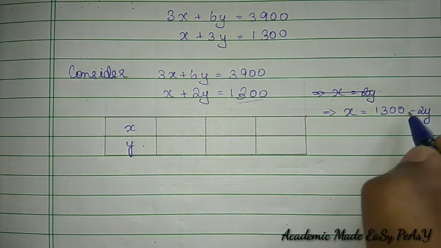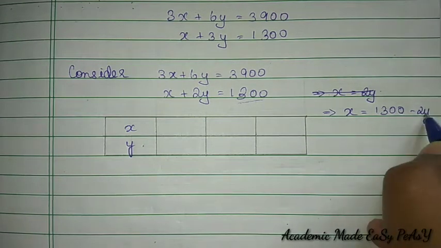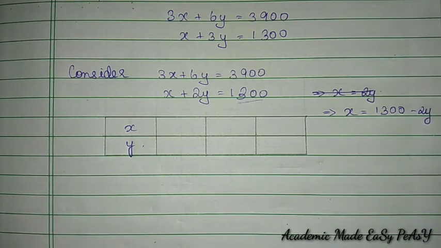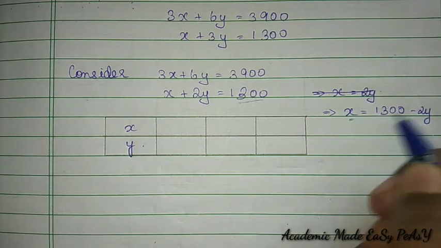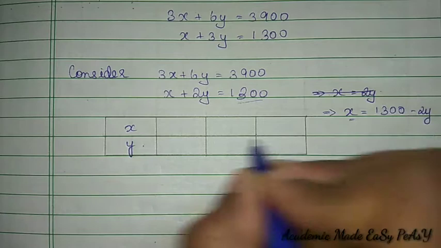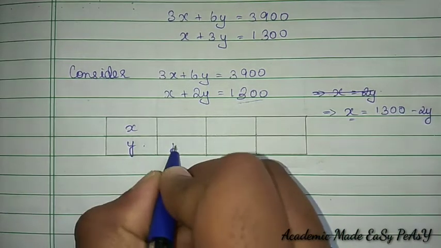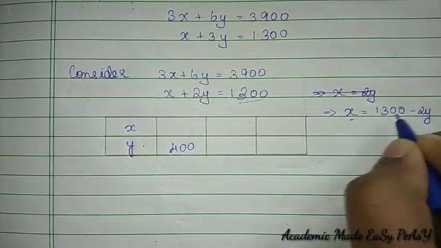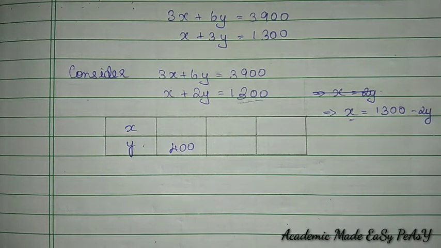So let me start from some bigger number for y, so that it will be easy for me in plotting, as well as I will not get the bigger value for x and the lower value for y. So if I take my y as 400, that will be easy, no? So from 400 I can just start.